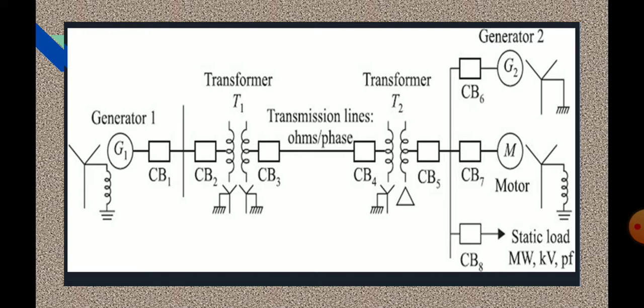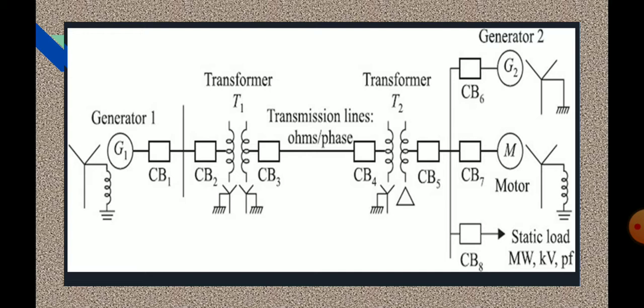Here the generator is a Y type and it is reactor grounded. Here the transformer primary secondary sides are neutrally grounded. And for transformer 1 it is neutrally grounded, and for transformer 2 the primary side is neutrally grounded, and the secondary side is represented with delta connection. Here generator 2 is neutrally grounded.